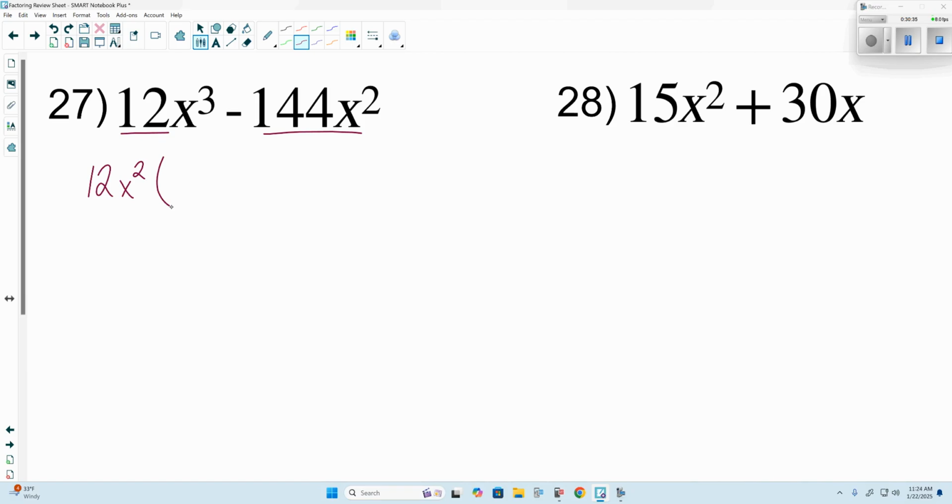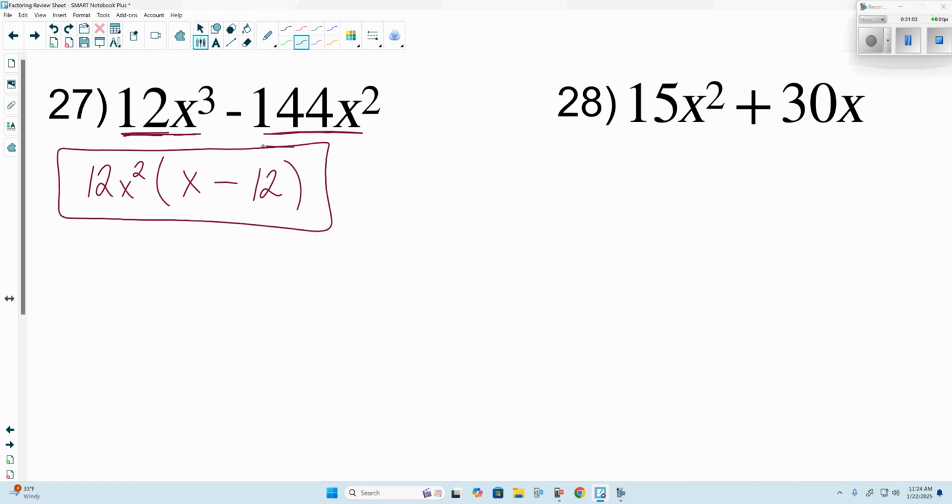They both would have to be cubes. So 12x squared is in common with both. If I factor the 12 out of 12, it reduces completely. When I factor x squared out of x to the third, we're left with x minus. When I factor 12 out of 144, it reduces to 12. The x squared reduces completely. So this here is like one of the ones that would be on the test with just greatest common factor.